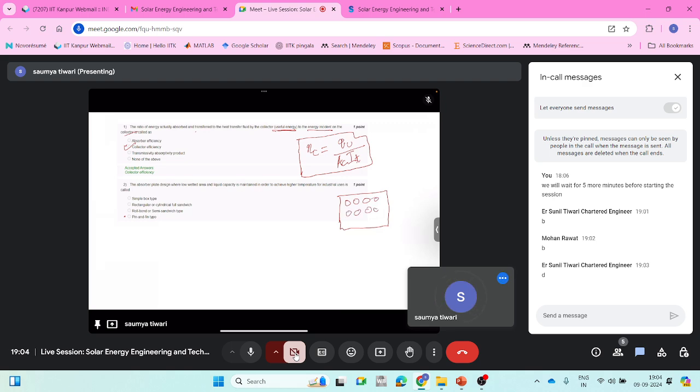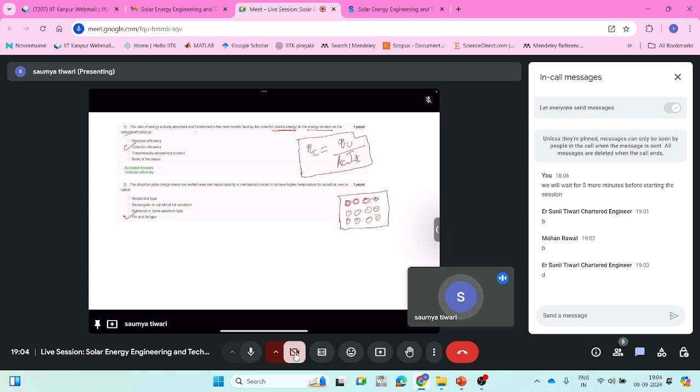This was the pin and fin type of absorber plate design, where your wetted area was very low and your liquid capacity was also low. So in order to achieve higher temperature for industrial use, this is the pin and fin type. The correct option is pin and fin type.